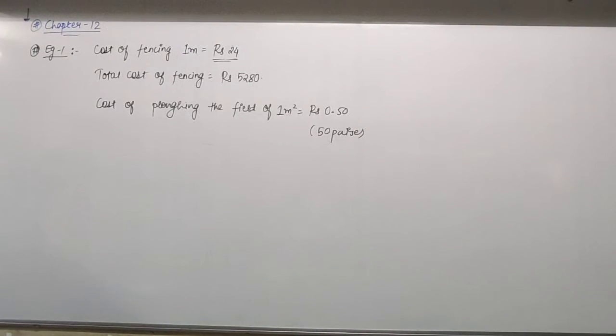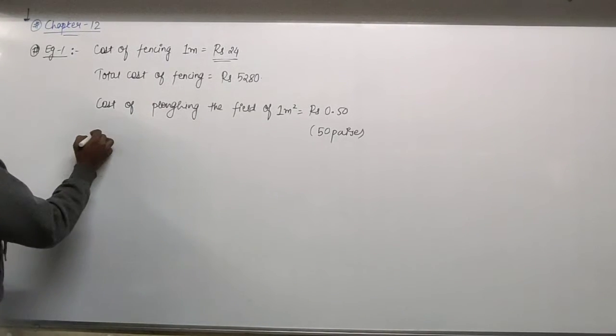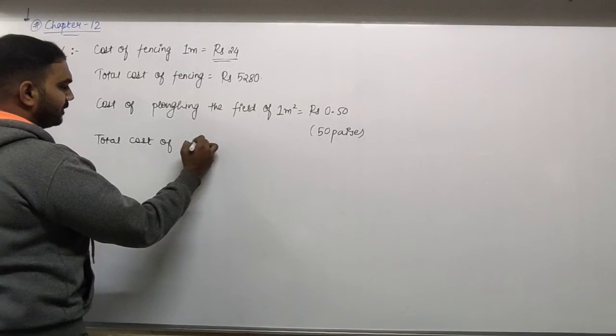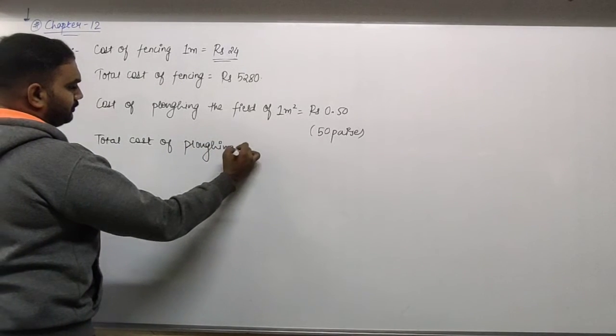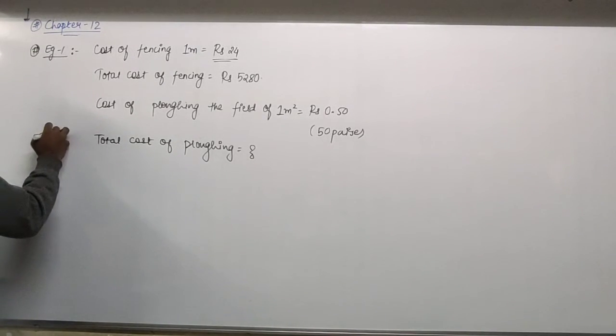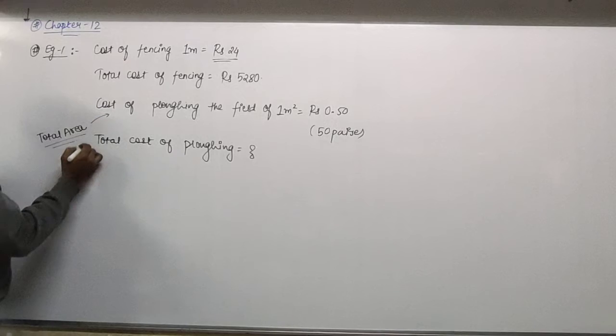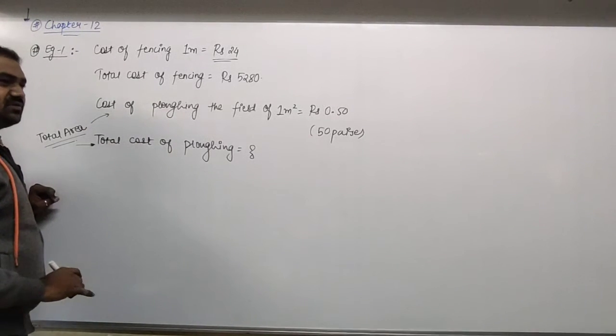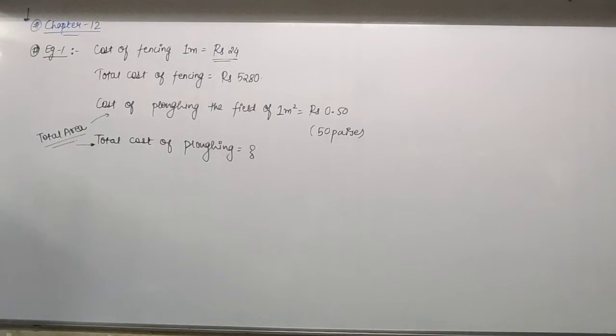Then what we need to find out is the cost of plowing the field. So for total cost of plowing, what do we have to find? We have to find the total area. Find the total area and multiply it with the cost per meter square, and we will get the total cost of plowing.